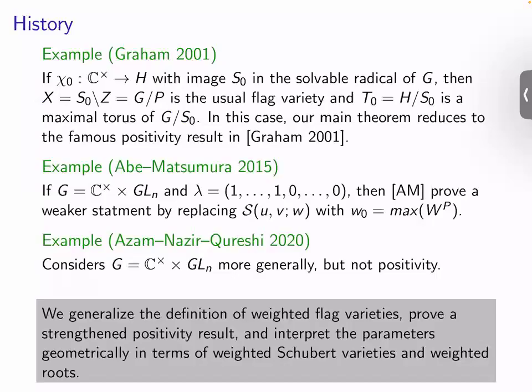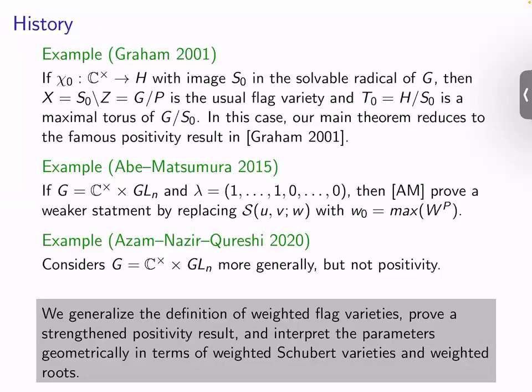If the group is C cross times GL_N, and lambda is of this particular form, the weighted flag varieties in this case will be examples of weighted Grassmannians. Abe Matsumura proved a similar theorem, somewhat weaker, but they have a similar positivity statement if you replace the support with just the maximal Weyl group element.